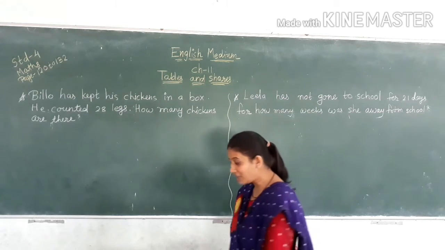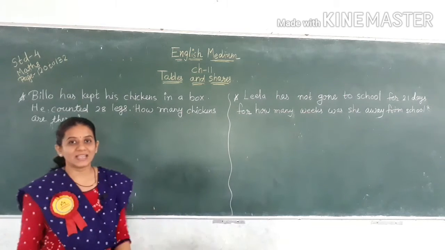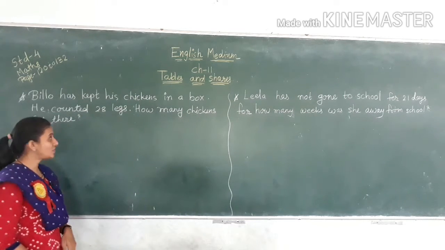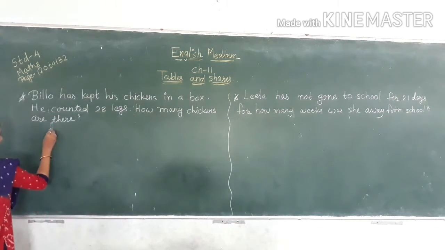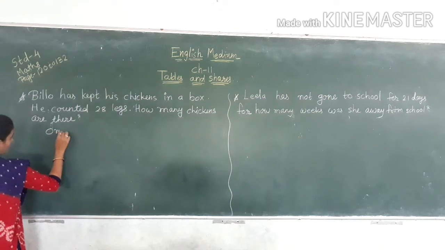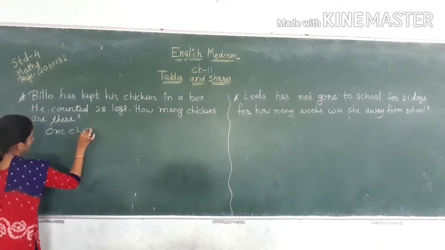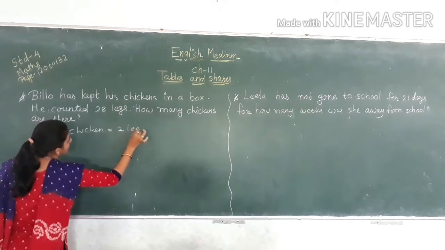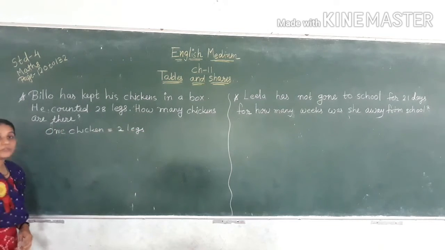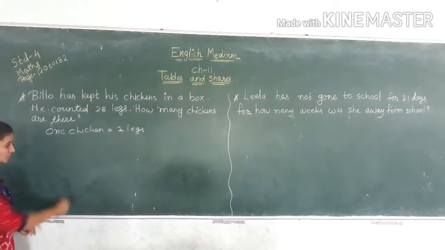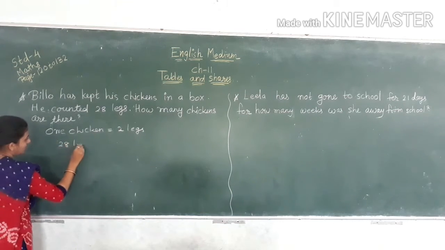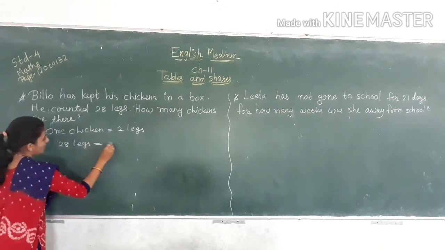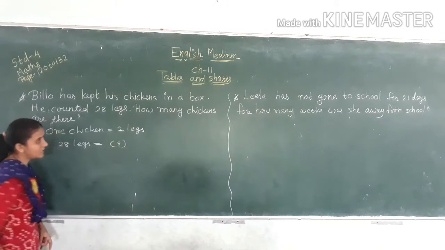One chicken has 2 legs, you know. One chicken has 2 legs and he counted 28 legs. So 28 legs is equal to how many chickens?